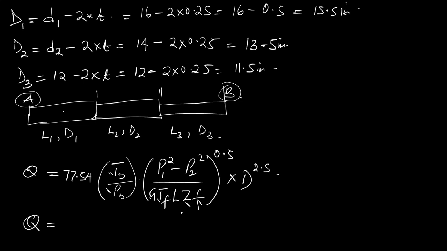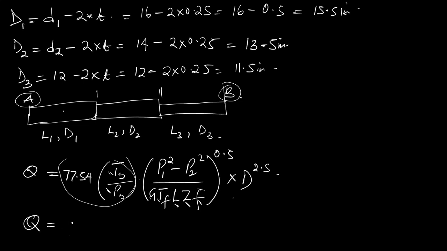But the length is not constant, because we also want to calculate the equivalent length against the diameter. So now, that means we have the whole of this and this, except the length as constant.